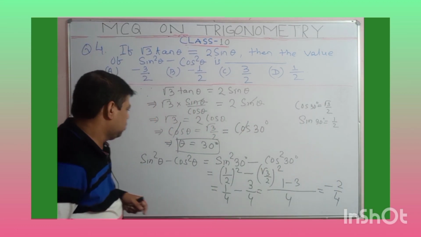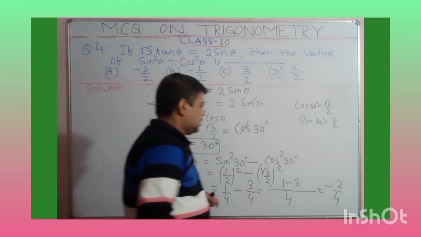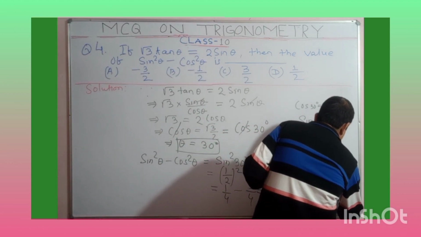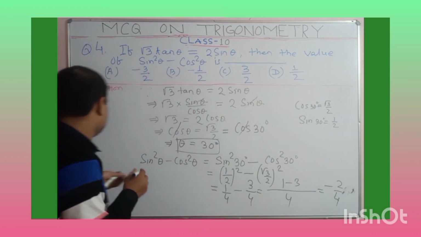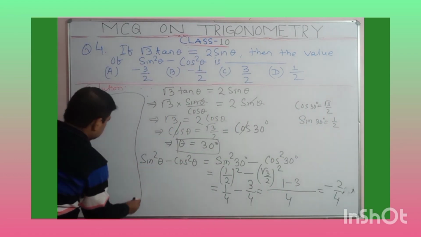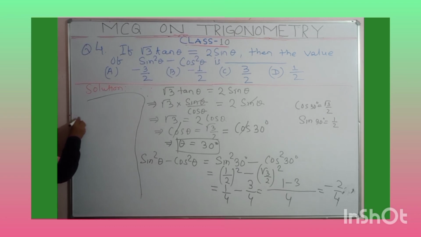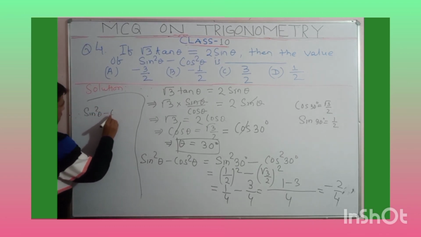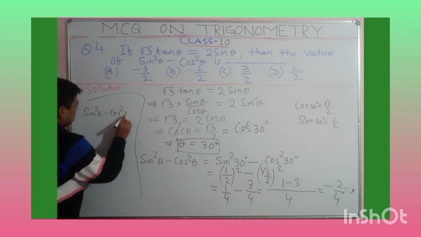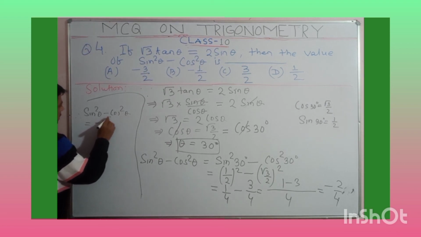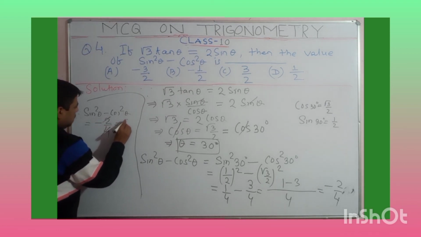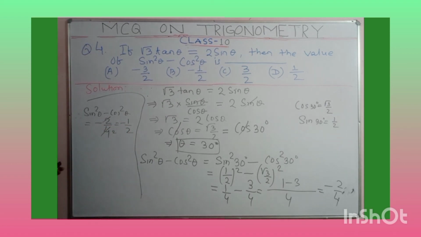After cancellation it will be minus 1 upon 2. Hence sin square theta minus cos square theta is equal to minus 2 upon 4, and if you cancel, it will be minus 1 upon 2.